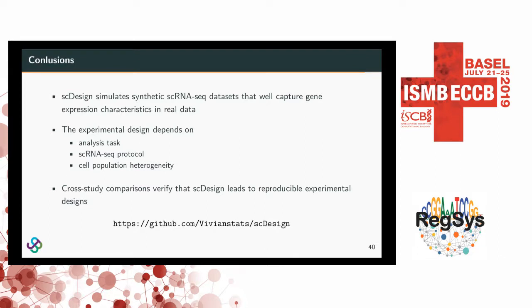So the method scDesign will simulate synthetic single-cell RNA-seq datasets that will capture gene expression characteristics in real data. And the experimental design will depend on users' analysis task, single-cell RNA-seq protocol, and cell population heterogeneity. We use cross-study comparisons to verify that scDesign leads to reproducible experimental designs. And our software is available on GitHub.